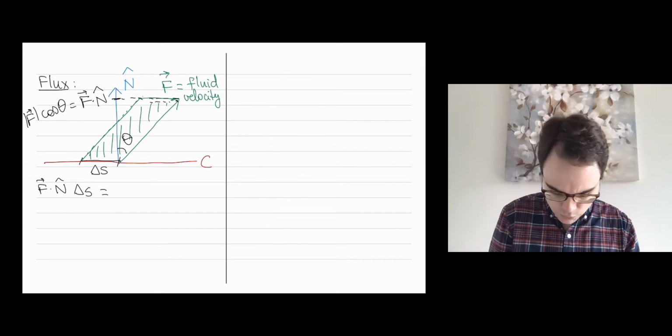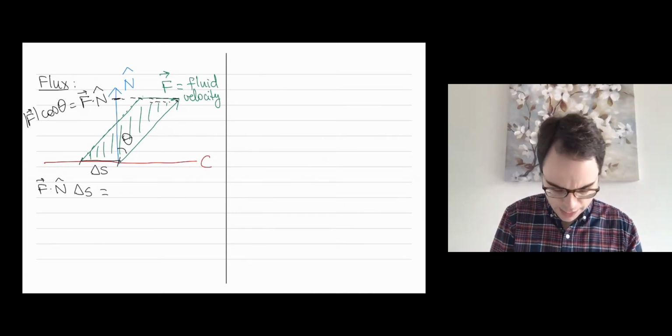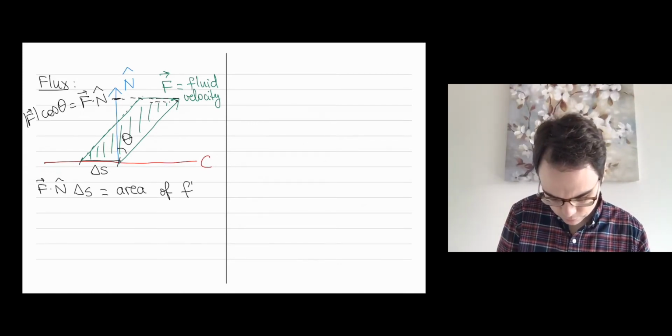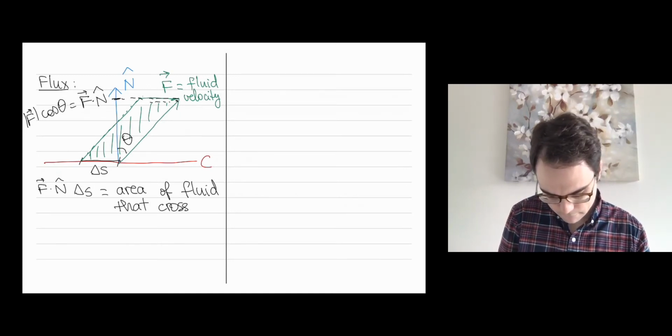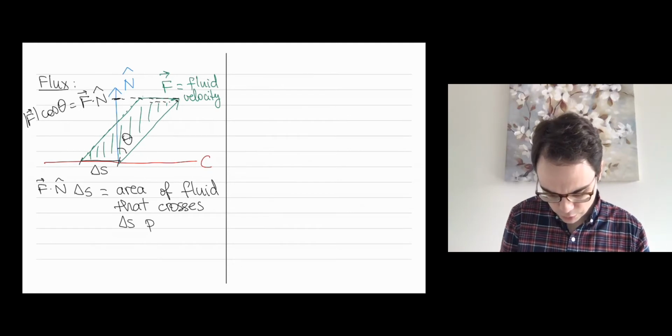Okay, so F dot n times ds just gives us the height of the tower times the base. That's the area of fluid that crosses delta s per unit time, in 1 unit of time.